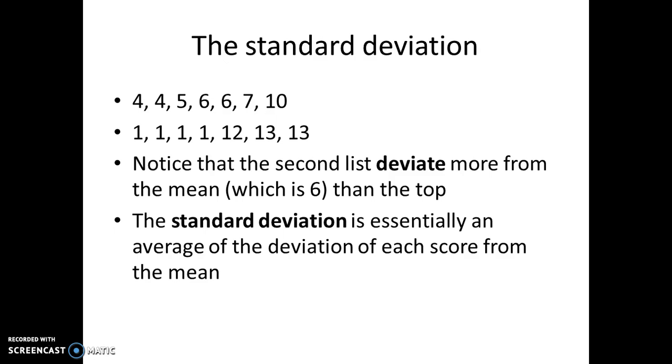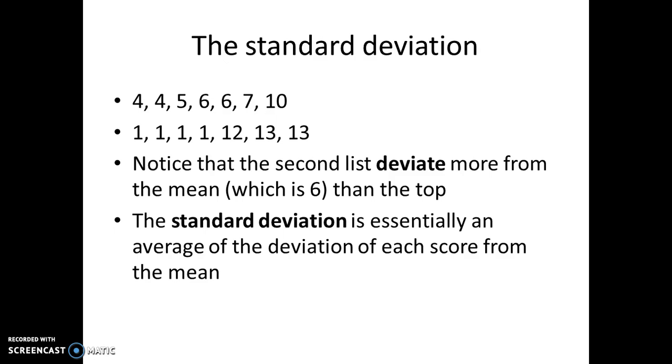The 6 is exactly the same as the mean, so that deviates from the mean by 0, so we get 0 and 0. Then 7 is plus 1 above the mean, and 10 is plus 4 above the mean. So the deviation scores, how much each of these individual scores deviates from the mean, would be minus 2, minus 2, minus 1, 0, 0, plus 1, plus 4.